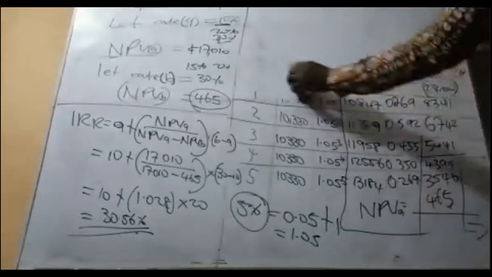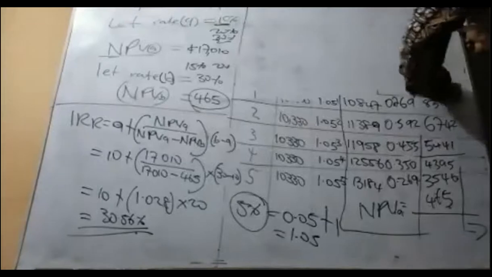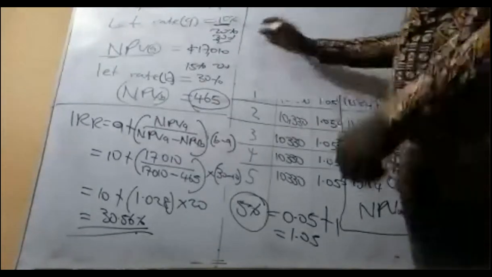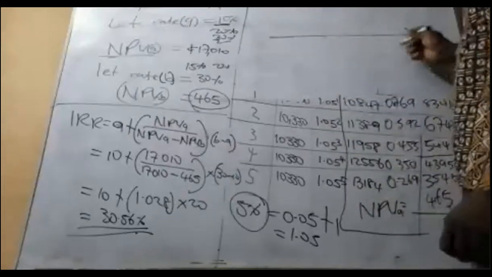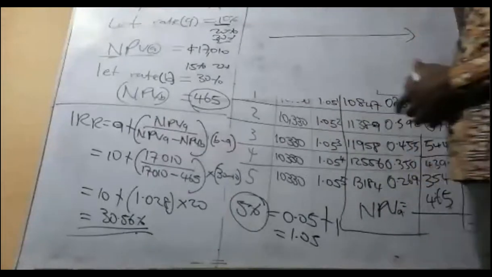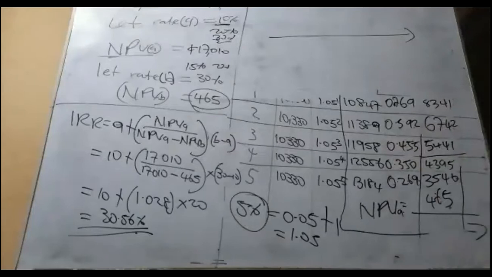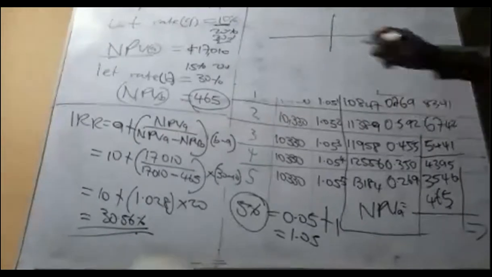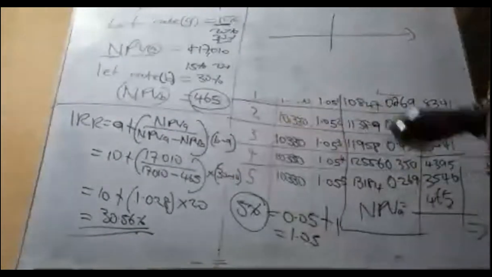Now let's back this with an illustration. I'll just do only the first two lines. Now, internal rate of return is the highest rate that any company will be willing to accept for a project. Why? Because at that rate, the NPV is 0. So that's the highest one. Let's assume that here we have 30.56.